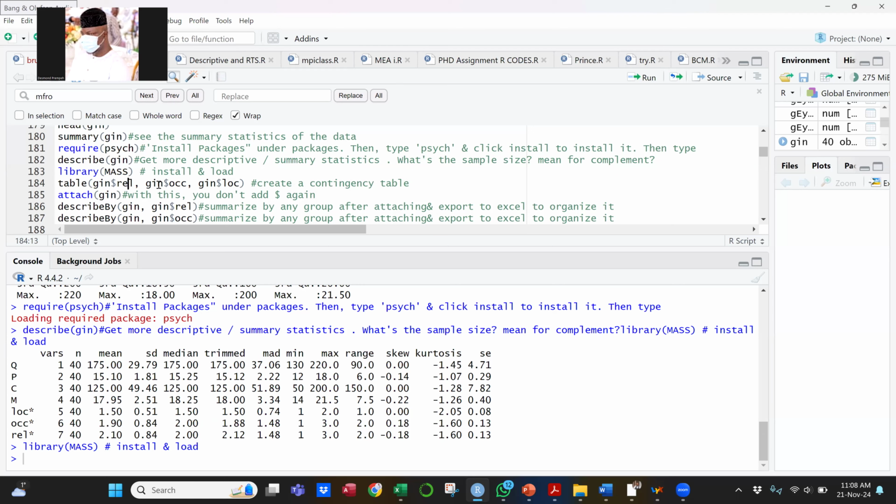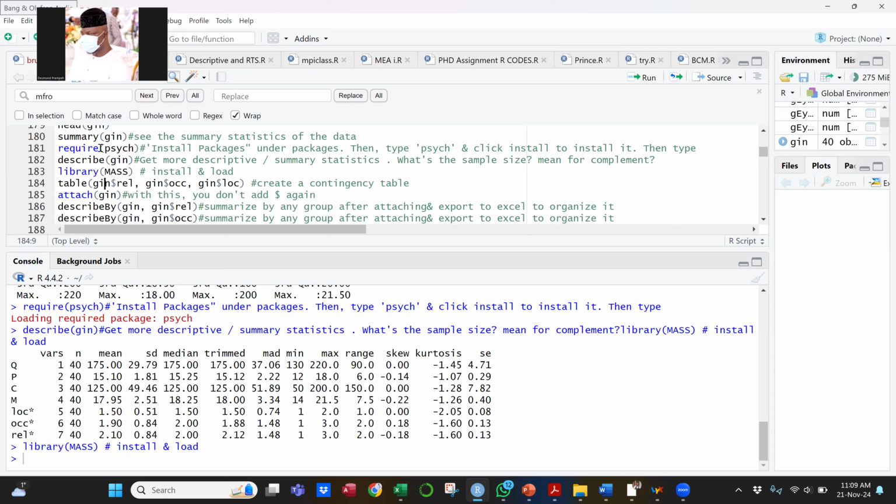Then I wrote Jane dollar OCC. Now I bring Jane dollar all the time when I'm picking a variable. But if you don't want to do that, you have to attach. And remember to detach. When you attach, you don't add the Jane dollar anytime you are mentioning a variable.